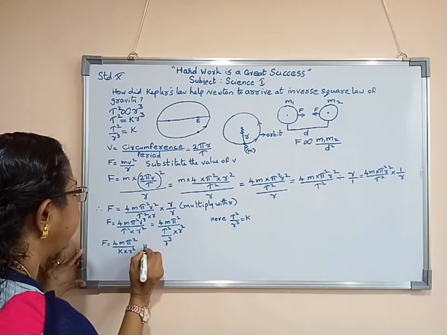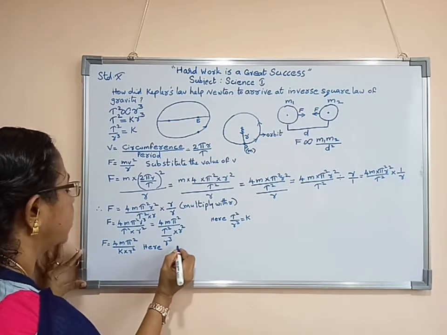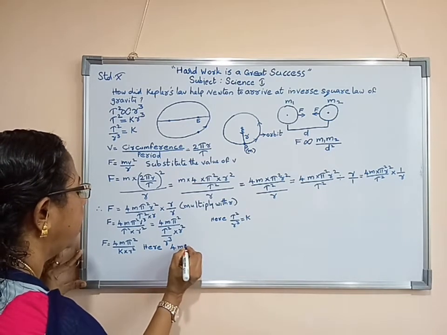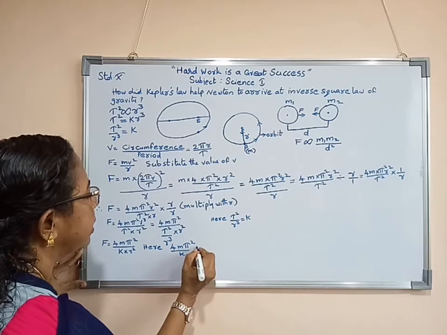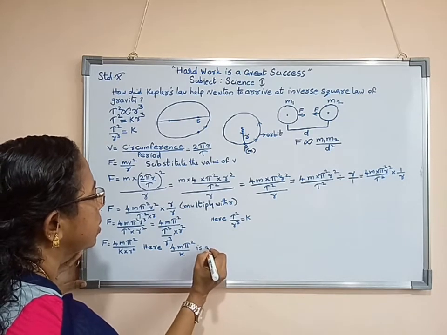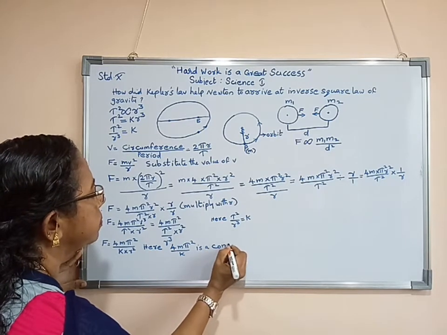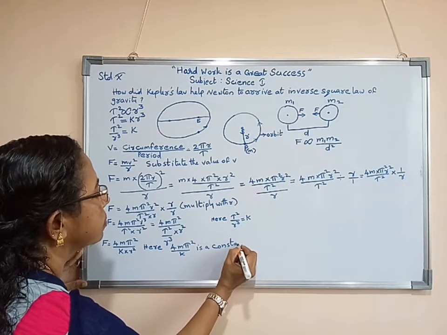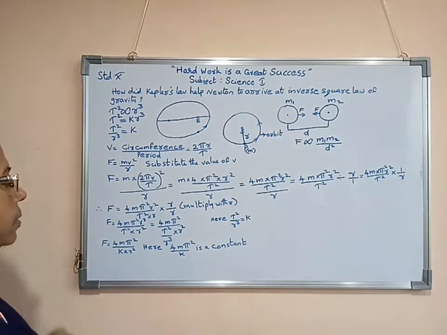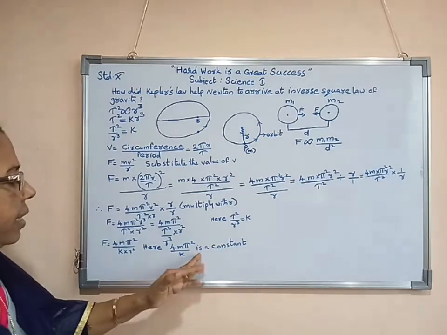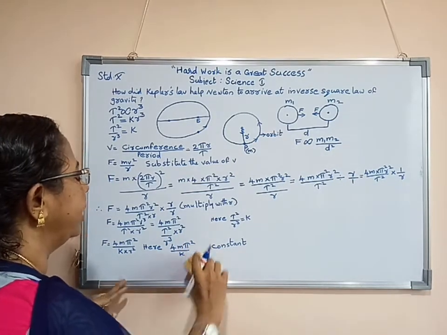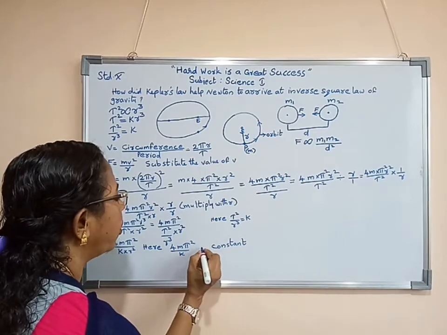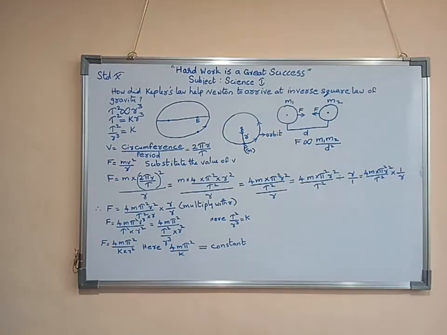Again I am writing here 4m pi square upon k is a constant. So we can write equal to constant.